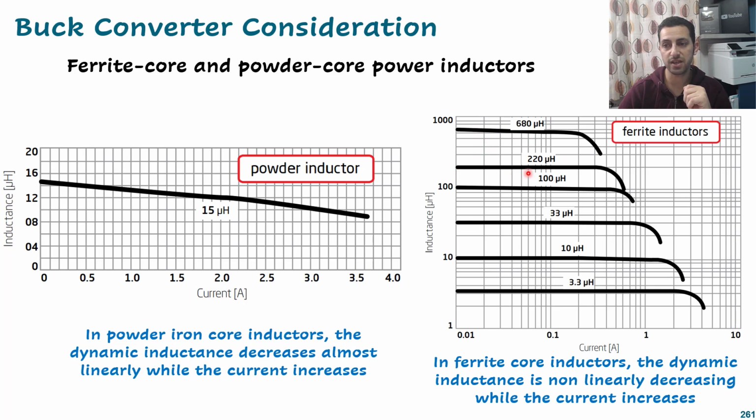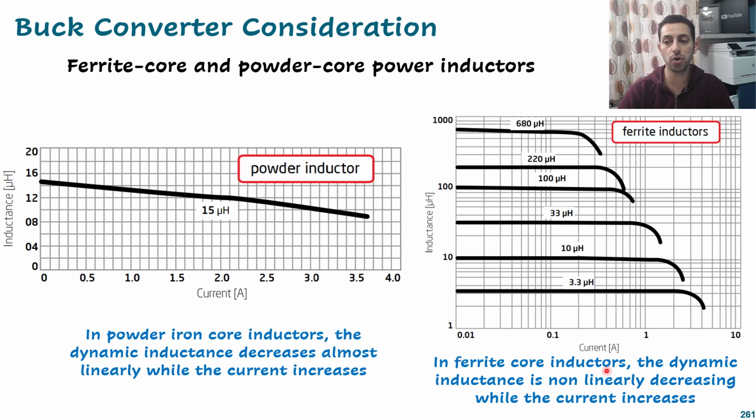And we have the same for 220 and 100. So it maintains the same inductance, which is very good for low current performance, within 1 ampere for the last one here. But when you increase the current delivered to the output, that will affect your inductance value and it will drop. That's because of the inductor core saturation. So you are saturating your core, and that doesn't give the same flux all the time.